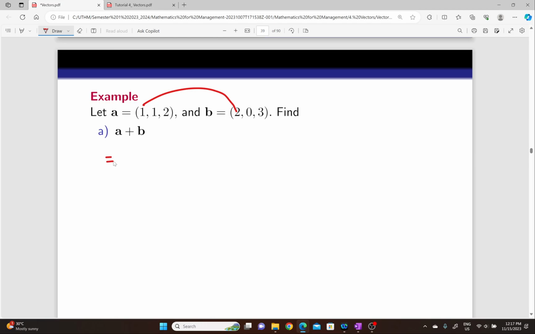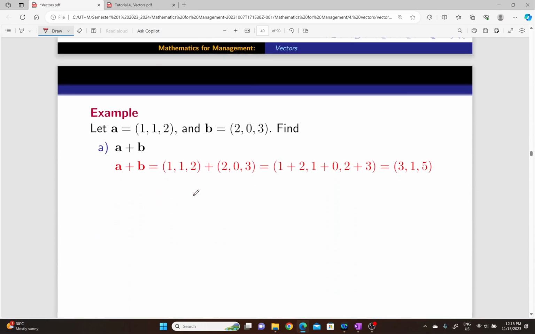Go by corresponding points here. 3 and 1 plus 0 is 1, and 2 plus 3 is 5. Okay, like this.